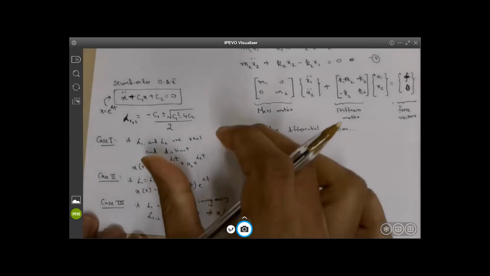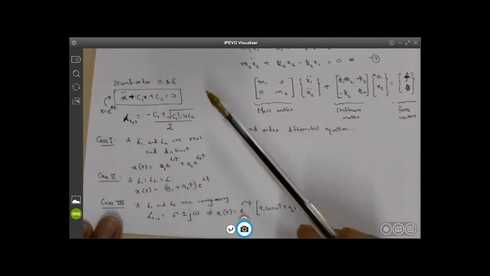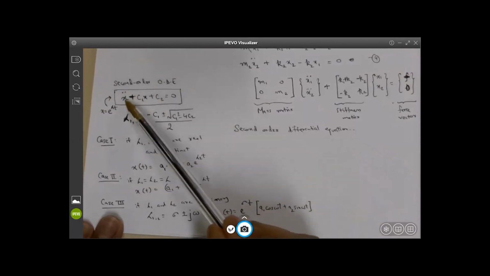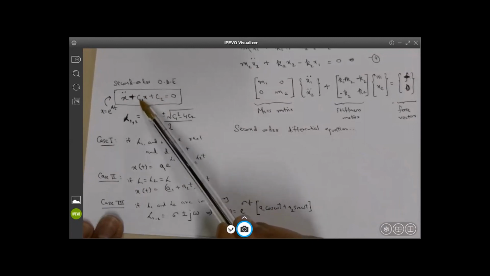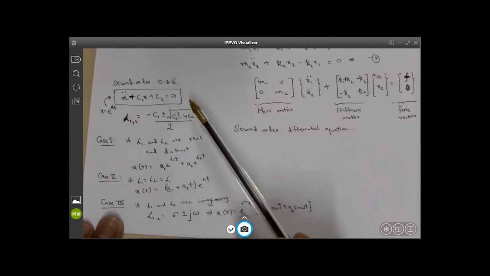I just tried to refresh our memories about solving a second order ODE with constant coefficients, where c1 and c2 are constants, and this is a homogeneous equation.